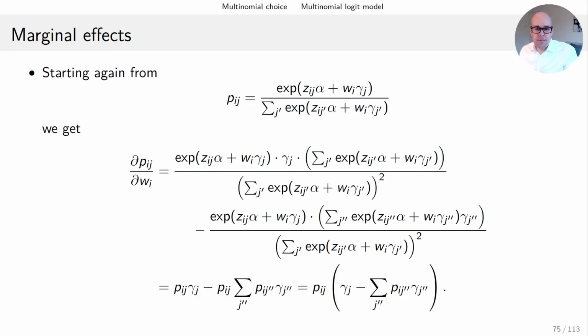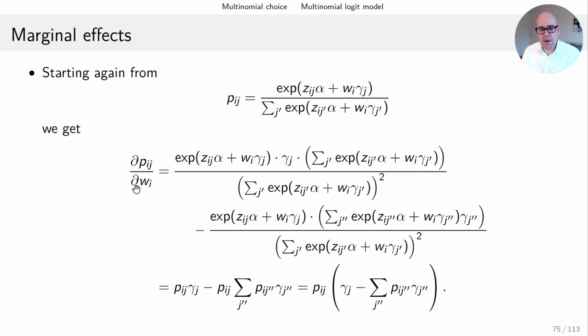And third, we can take the derivative with respect to wi. So again, this is our starting point, Pij. And now the derivative with respect to wi works a little bit differently.